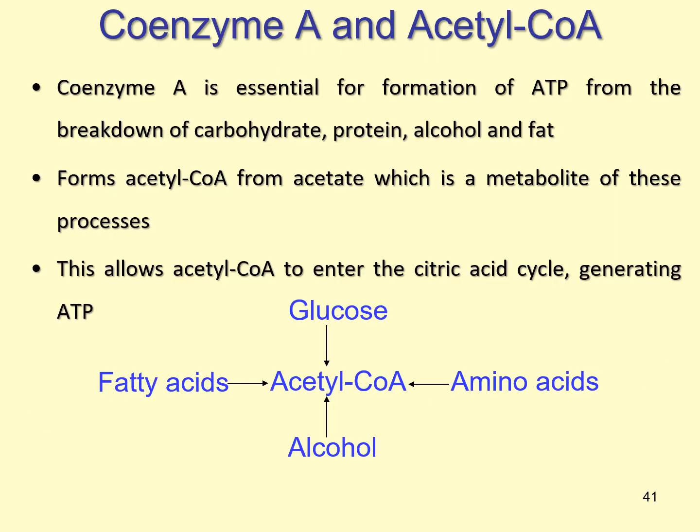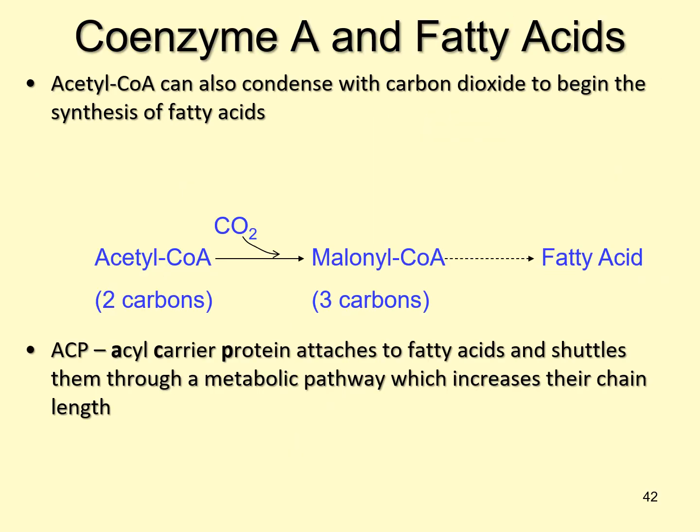This coenzyme A and acetyl-CoA is essential for formation of ATP from the breakdown of carbohydrate, protein, alcohol, and fat. It forms acetyl-CoA from acetate, which is a metabolite of this process. This allows acetyl-CoA to enter the citric acid cycle, generating ATP. Therefore, ATP can be produced from these intermediates, acetyl-CoA. Acetyl-CoA can be used for fatty acid synthesis as well as for amino acid synthesis, and it can be obtained from either alcohol or glucose metabolism.